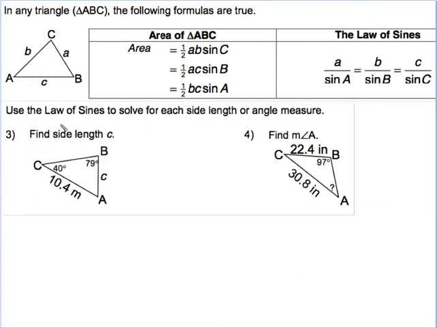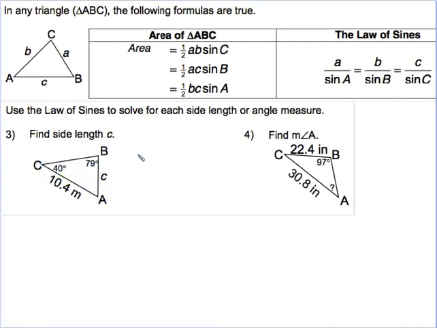And then to find missing sides or angles of a measurement, I'm going to use my law of sines and set up my proportions. So right here I'll have this fraction, and I'm looking for side C. I could also find angle A and side A if I wanted to, but this time they don't really care.